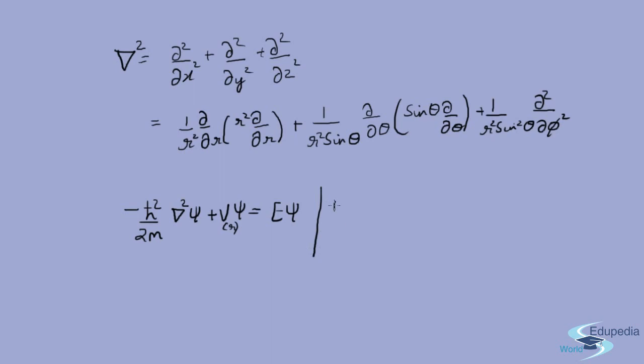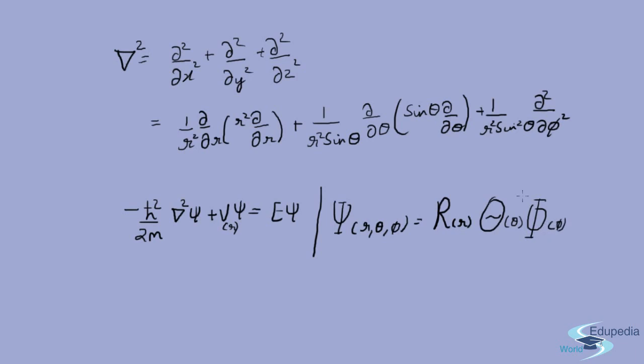So basically what we'll assume is capital psi of r, theta and phi is equal to some capital R function of r multiplied by some capital Theta function of theta and some capital Phi function of phi.